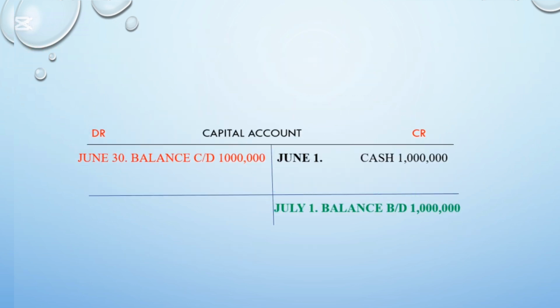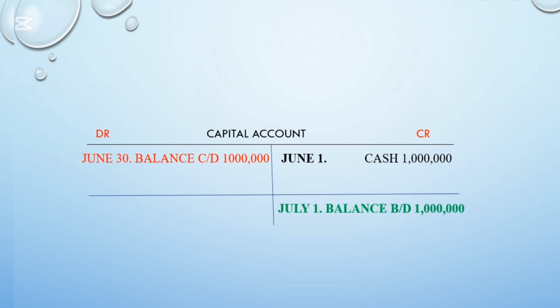Let us also go with the capital account. Initially we had a capital account which is credited with cash equivalent to 1 million. So at 13th June, the balance carried down at the end will be the same 1 million, and balance brought down will again be 1 million in the credit side.